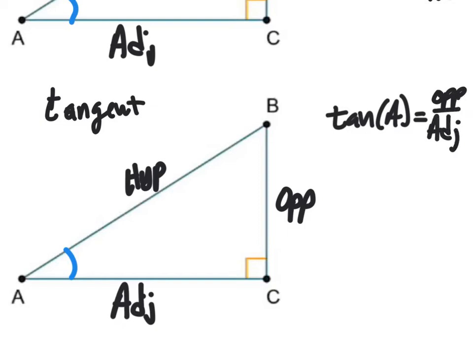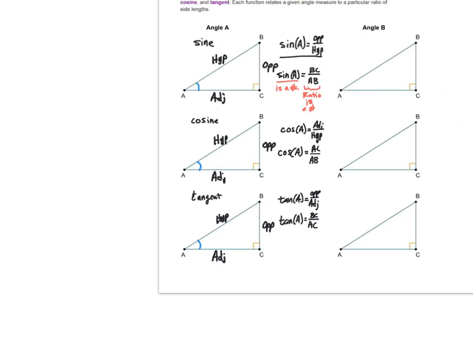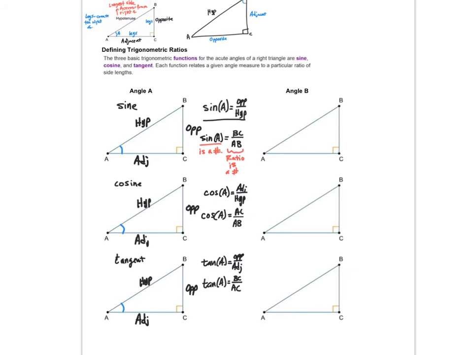I'm going to write that here. If I wanted to get technical, tangent of A would be the length of BC divided by my hypotenuse, or I'm sorry, my adjacent side, which is AC. So there's a pattern to this, and this is always going to be the case, especially when looking at angle A.